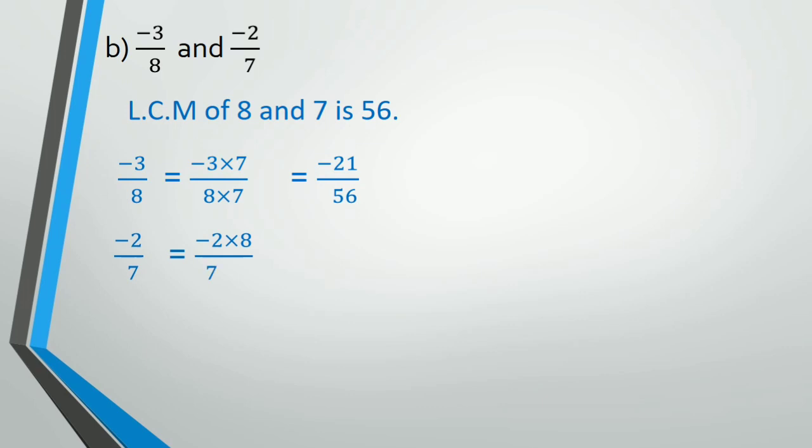For that, we multiply minus 2 into 8 divided by 7 into 8, that is minus 16 by 56. Now we know that minus 21 by 56 is less than minus 16 by 56, that is, minus 3 by 8 is less than minus 2 by 7.